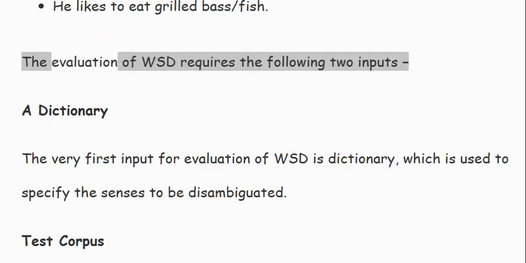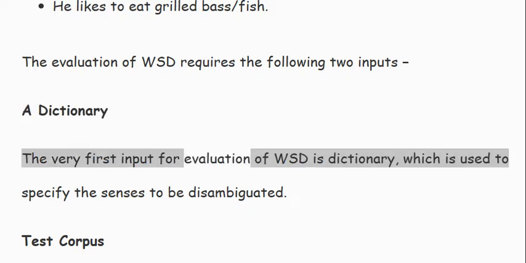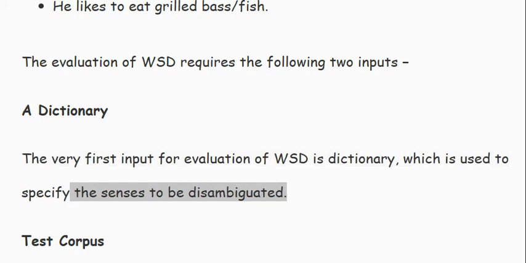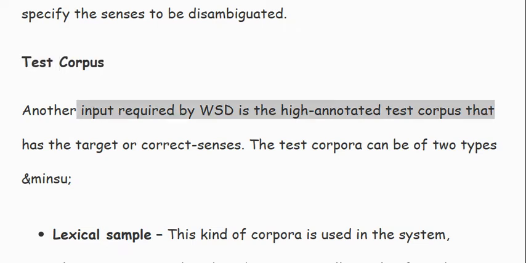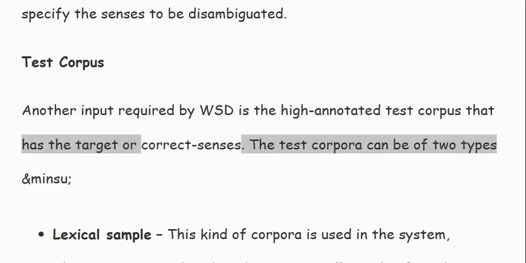The evaluation of WSD requires the following two inputs. A dictionary: the very first input for evaluation of WSD is a dictionary, which is used to specify the senses to be disambiguated. Test corpus: another input required by WSD is the highly annotated test corpus that has the target or correct senses.